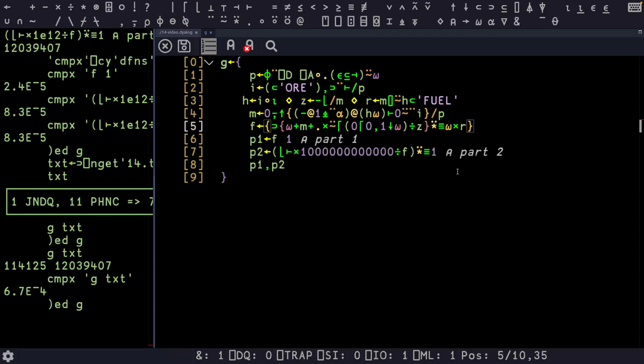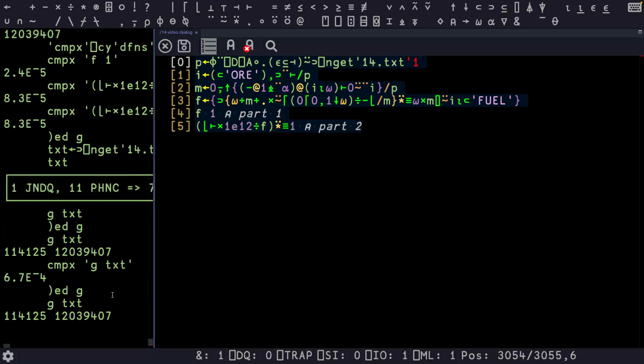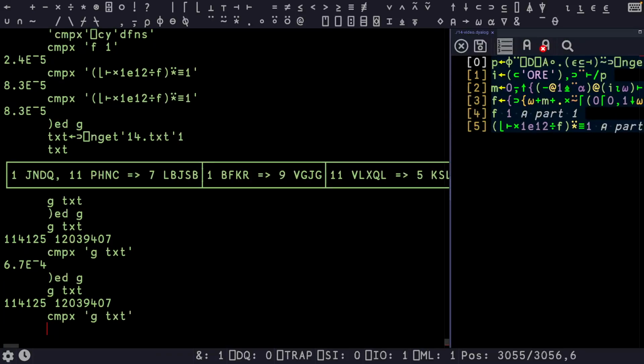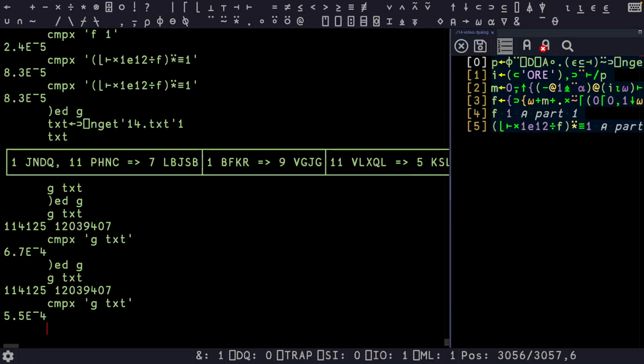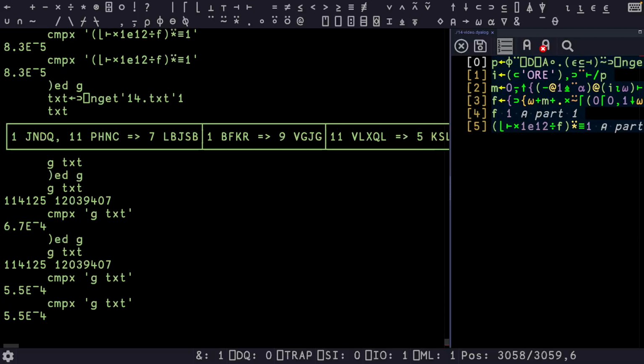So we can call this R. Yeah, and so that's G. We still get the correct values for G. But now if we do compx G txt, I would expect this to be a bit faster. Yes, we lose about 120 microseconds, and now we're down to 550 microseconds to run the entire problem. So it's like half a millisecond.